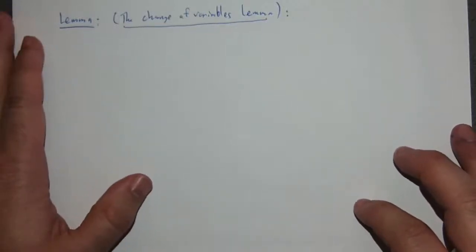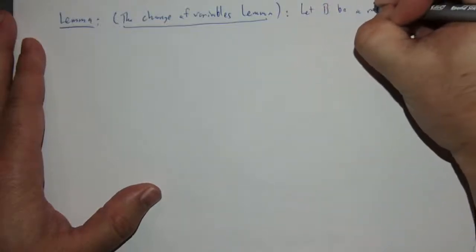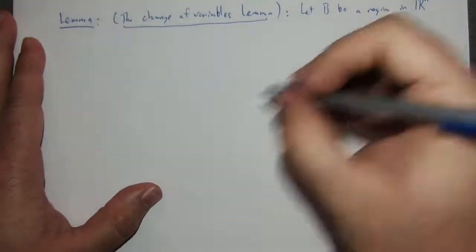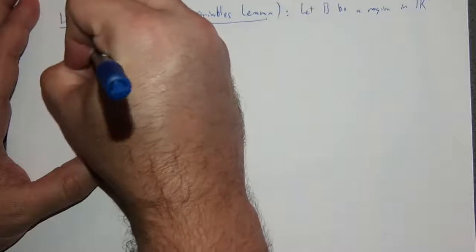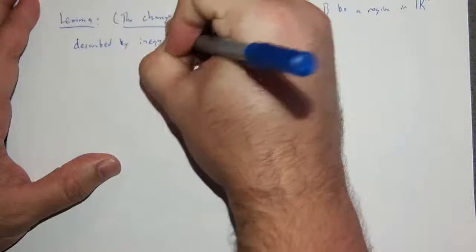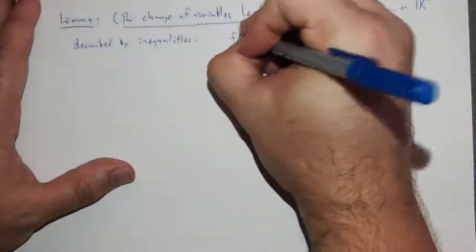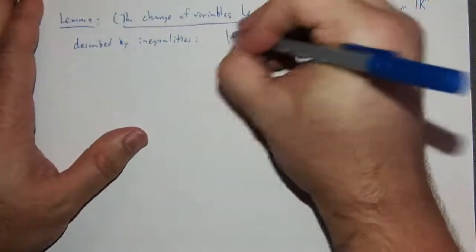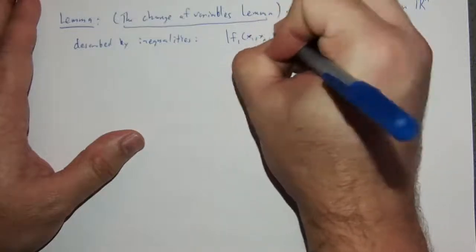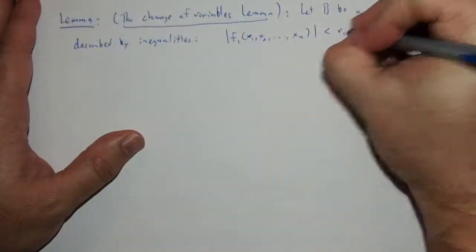That's basically the idea. Okay, so let B be a region in R^n described by inequalities. So the inequalities in question are: the absolute value of some function f_1 of x_1, x_2, up to x_n, of n variables, is strictly less than r_1.